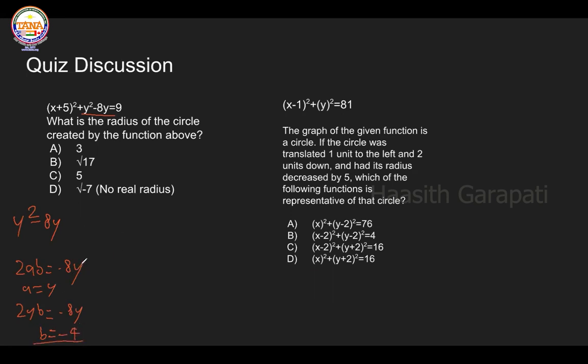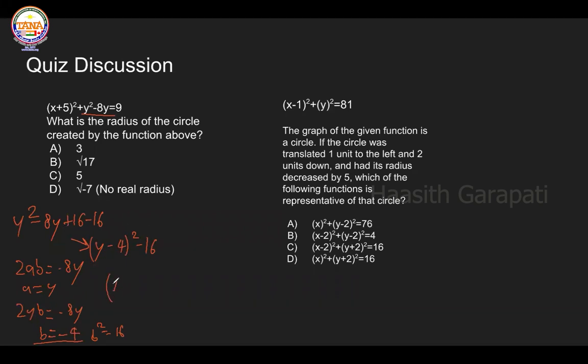-4. So then b squared is equal to 16. We have to do plus 16 minus 16. We end up with y minus 4 squared minus 16.